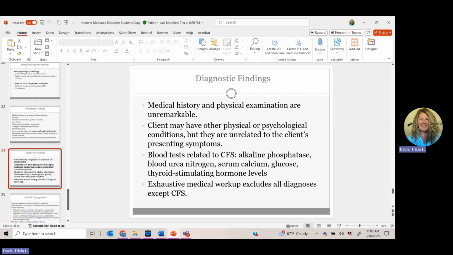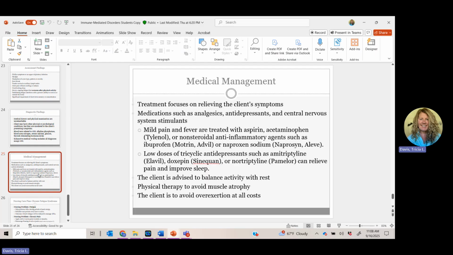So we can look at our blood urea nitrogen, we can look at our calcium, we can look at the thyroid, because thinking back to hypothyroidism, these patients have a lot of fatigue, right? So we're going to try and basically rule a lot of things out to be able to make this diagnosis. And then what we will see is that we will exhaust all of these medical workups, and we'll be able to say with certainty that you don't have this, this, and this, so you probably have chronic fatigue syndrome.